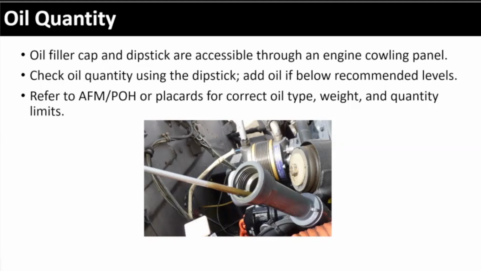The hardest part about checking the oil is, especially if the engine has just had an oil change, the oil is pretty clear. Sometimes you want the oil to be a little brown, but it's easy to see. A lot of times right after an oil change in a plane, you're not going to see that. It's really hard to see where that break is and how full the oil is. When you say an oil change in the plane, do you mean actually taking the oil out?